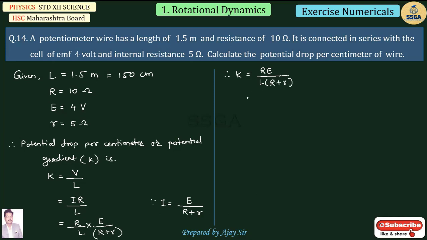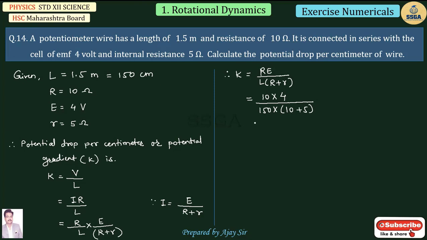Let us put the values of all the given things: capital R, that is the external resistance, is 10, into the EMF, that is 4, divided by length 150 into capital R 10 plus 5.